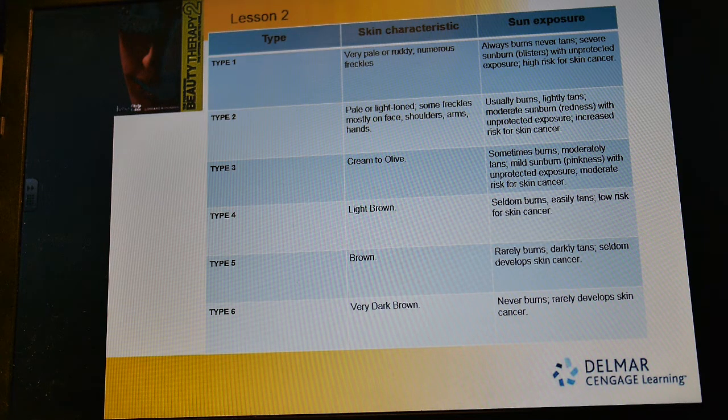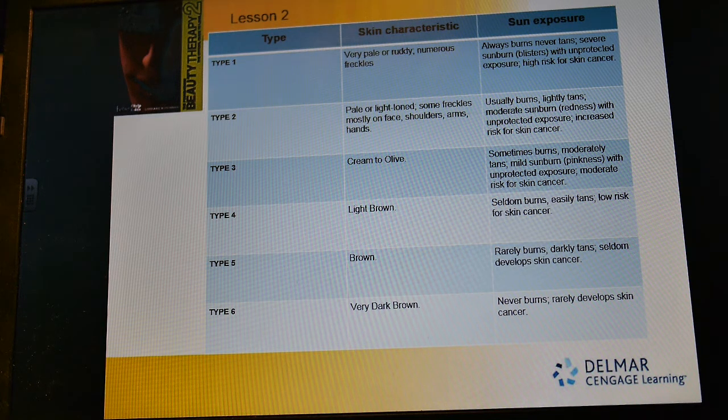Think about anyone who's got red hair, really fair eyelashes, they tend to have this skin type. This skin type will always burn, very rarely will it tan. If you are exposed to too much sun, then you will sunburn. Blisters will form if you've not got any protection on, and they are a high risk for skin cancer.